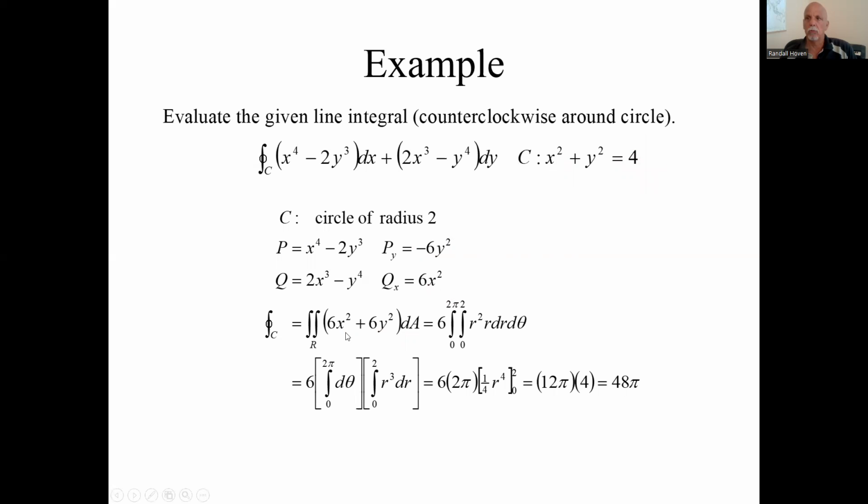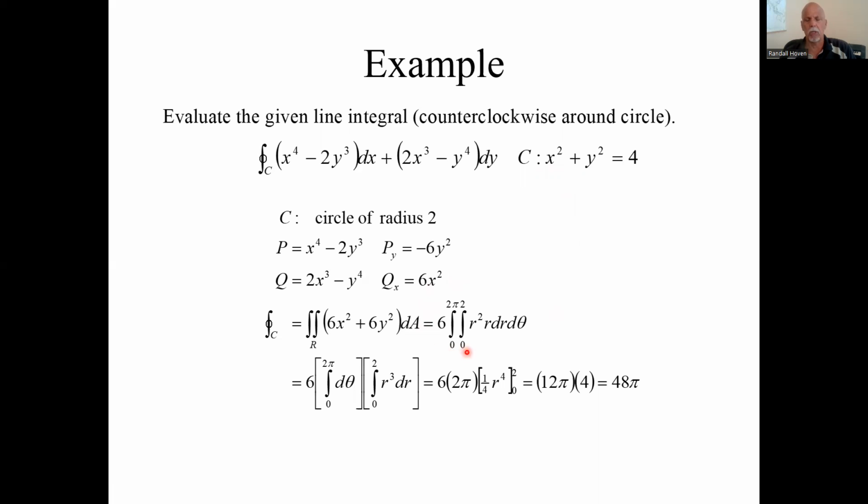So I'll do polar coordinates. I can pull out a 6, and x squared plus y squared is just r squared. The extra r, polar coordinates. I'll do it dr d theta, so r goes from 0 to 2 because the radius of the circle is 2, and theta goes all the way around, 0 to 2 pi, because it's the whole circle.